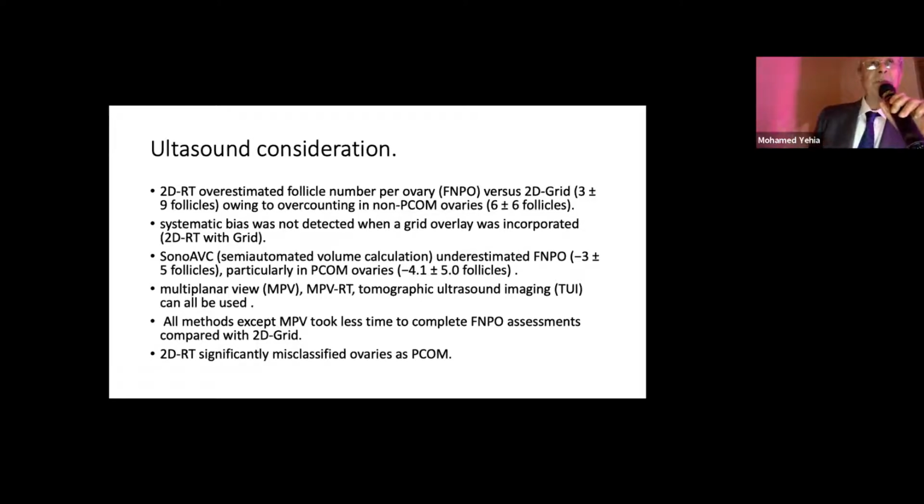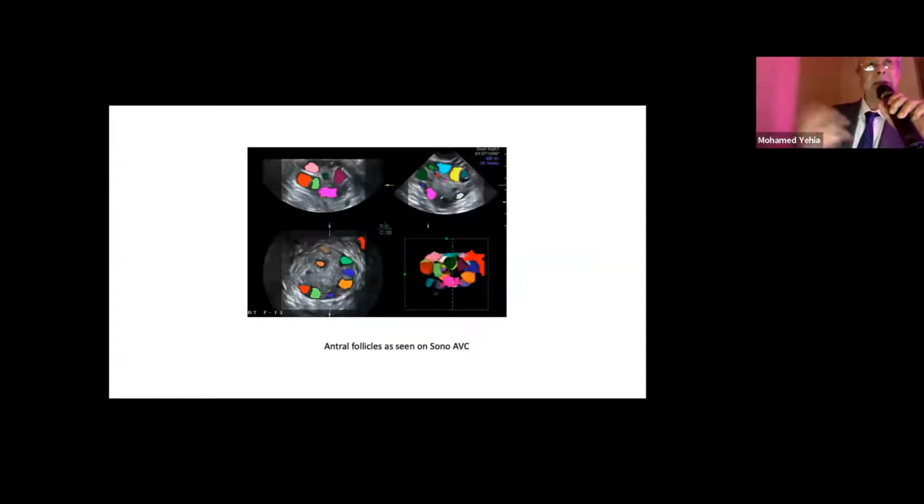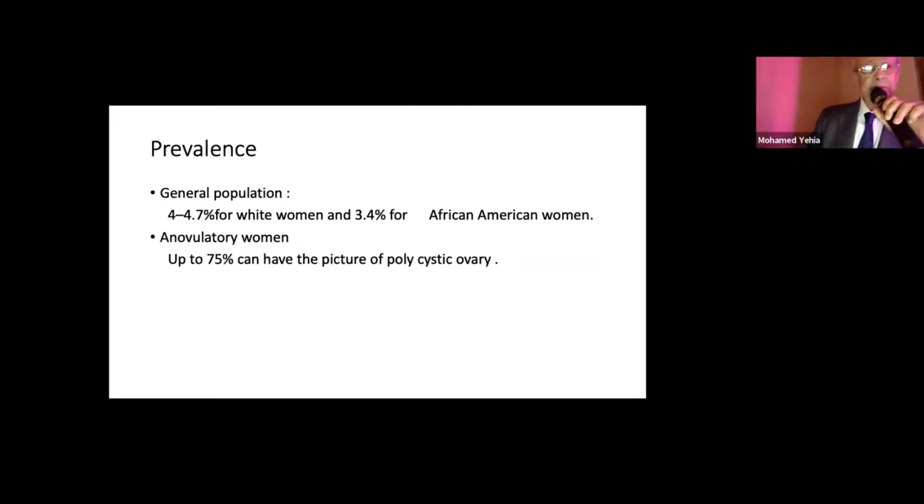So we have to remember that what we are counting by 2D is an overestimation of the number of follicles. This is an example of the semi-automated one, where you just allow the machine to take the pictures, and then it counts automatically the number of follicles present.